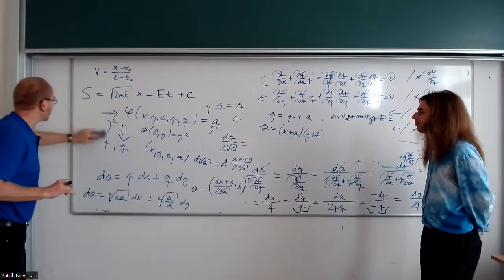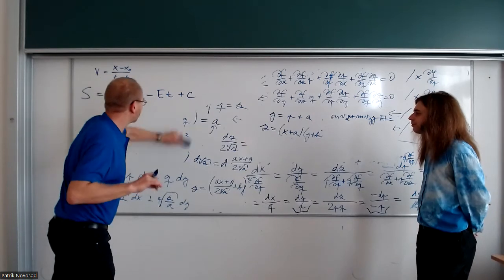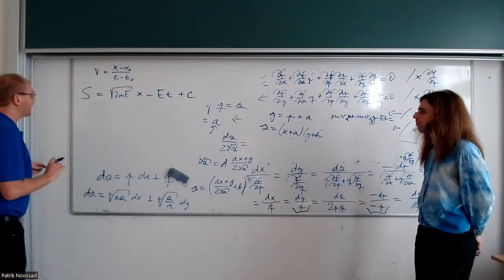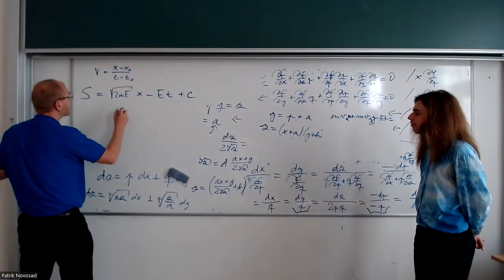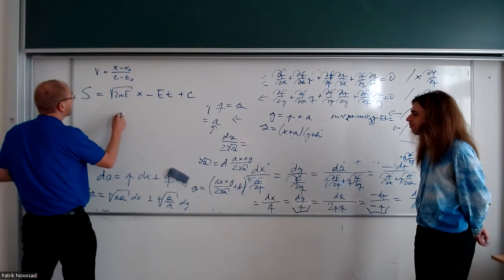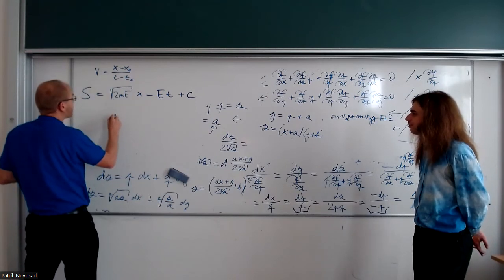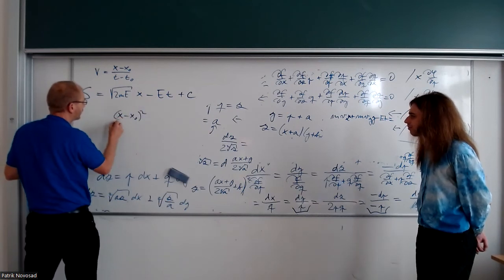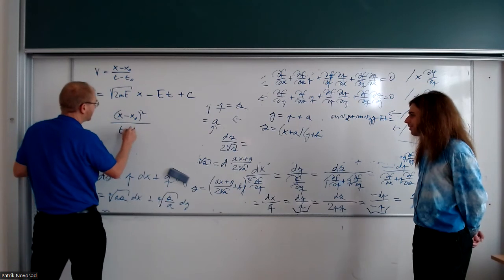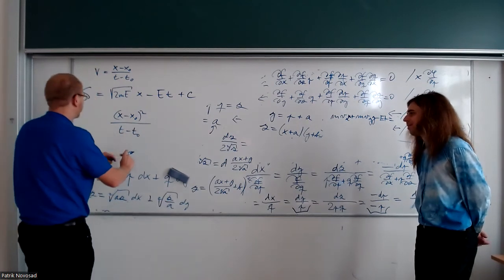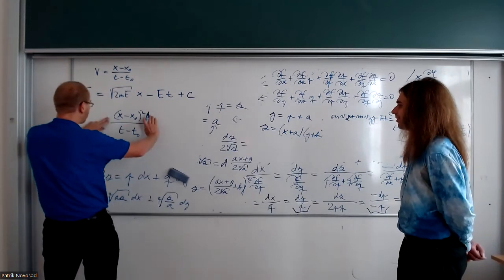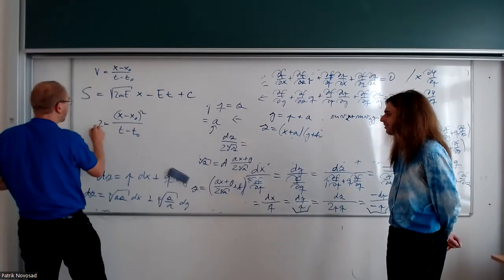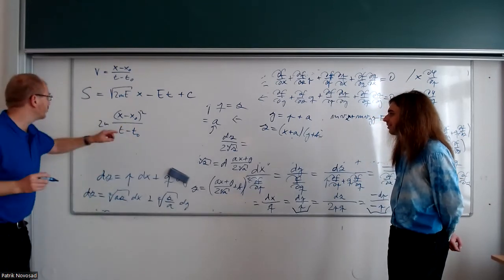That's one solution, and the other one is that you imagine what I said before, and you calculate the action, and I think it's simply x minus x0 squared over t minus t0, multiplied by a constant.